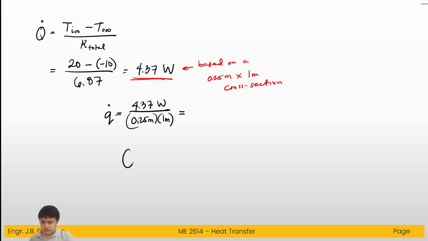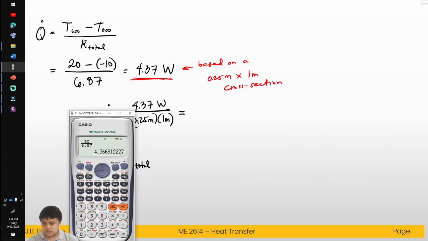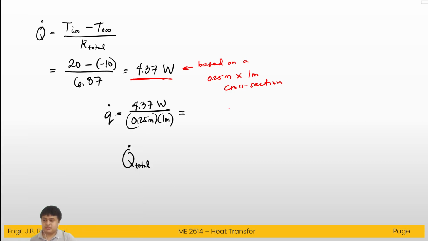After finding the heat flux, you can find the actual total for the 3 by 5. Okay, let's solve this first. We have 4.37 over 0.25 times 1 or 0.25. So we have 17.48 watts per square meter is the actual value.